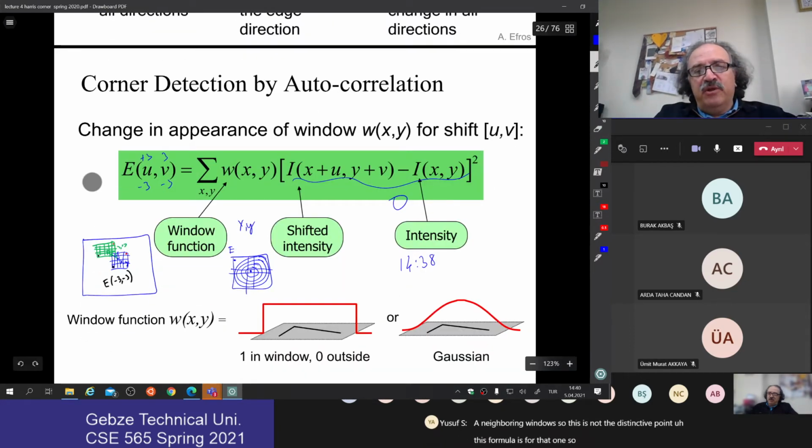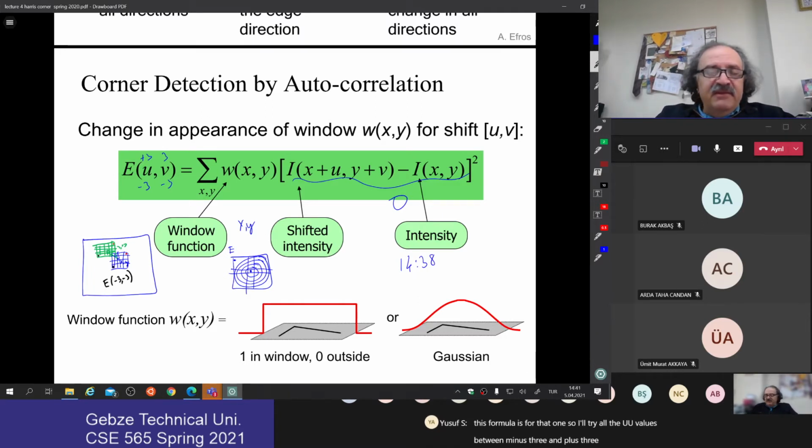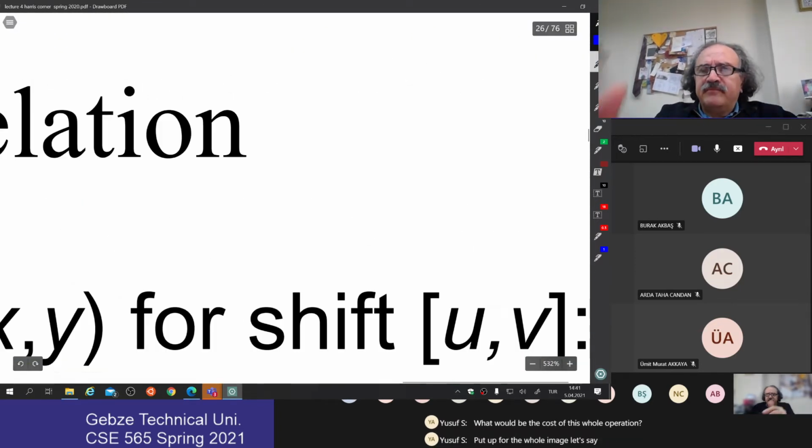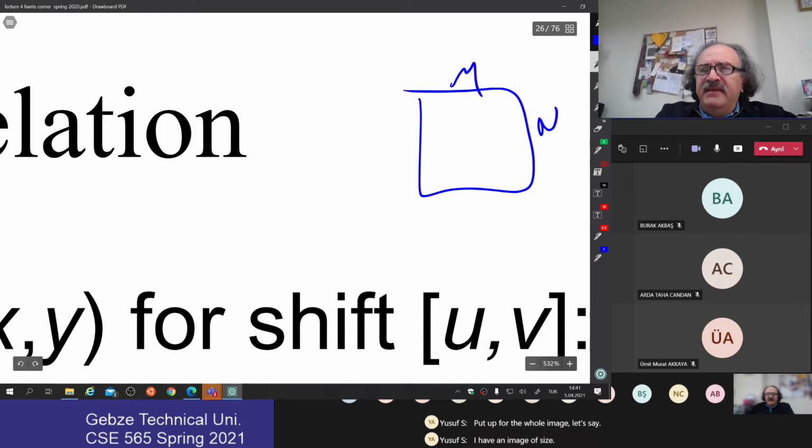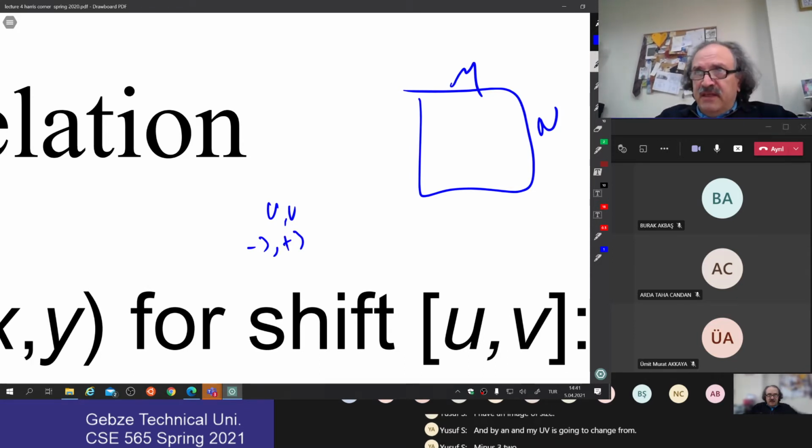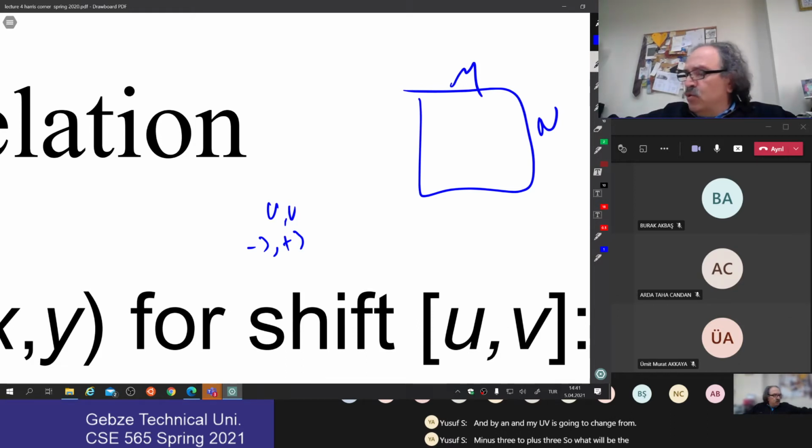This formula is for that one. So try all the UV values between -3 and +3, those 7 by 7. And I am going to repeat this for all the pixels in the image. So what would be the cost of this whole operation for the whole image? Let's say I have an image of size m by n, and my UV is going to change from -3 to +3. So what would be the cost of whole operation?